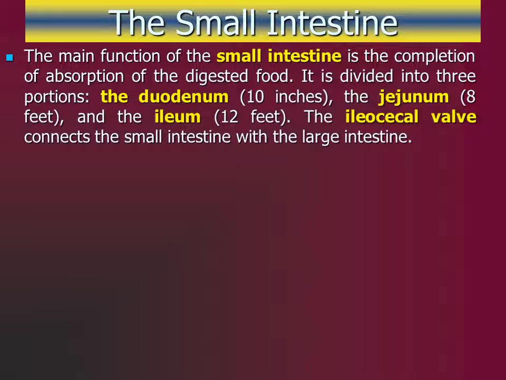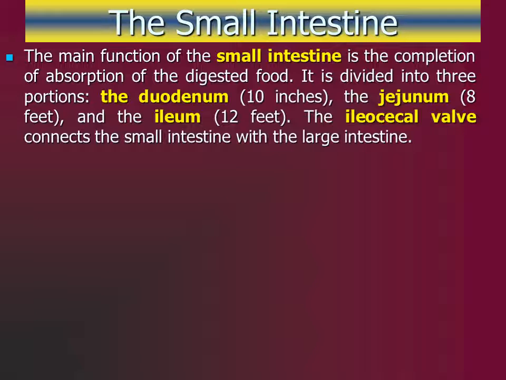The duodenum originates at the pyloric sphincter and joins the second portion, the jejunum. The jejunum is about 8 feet long and extends to the third part, the ileum, which measures 12 feet and joins the large intestine at the ileocecal valve.